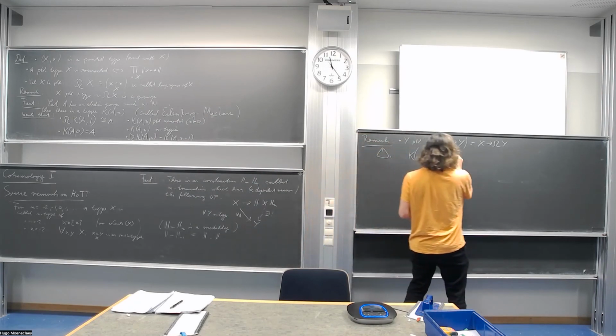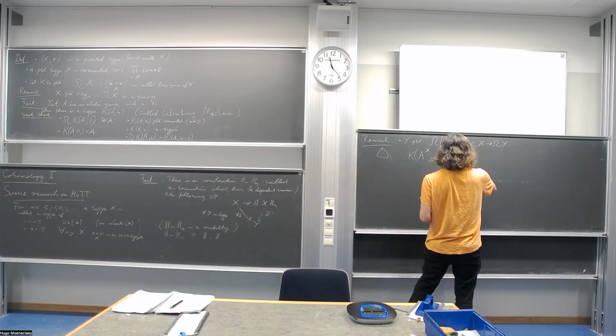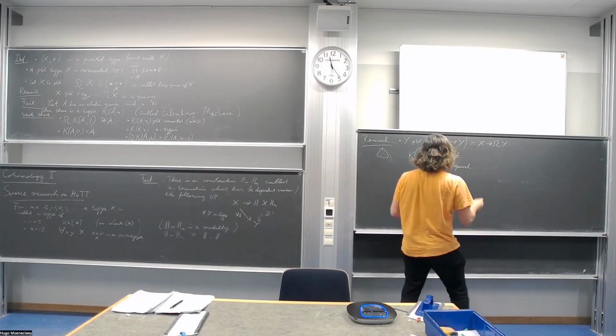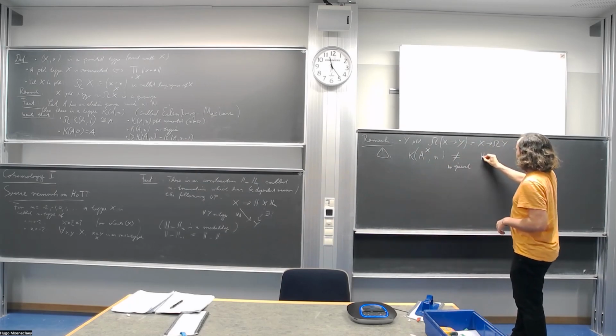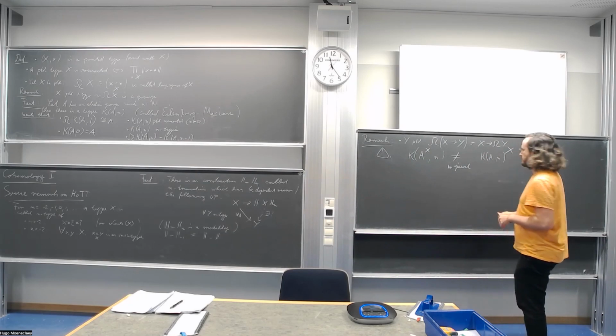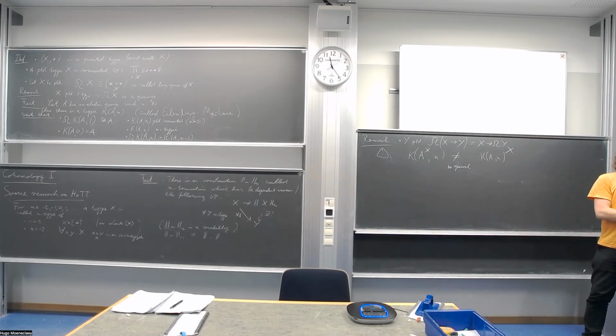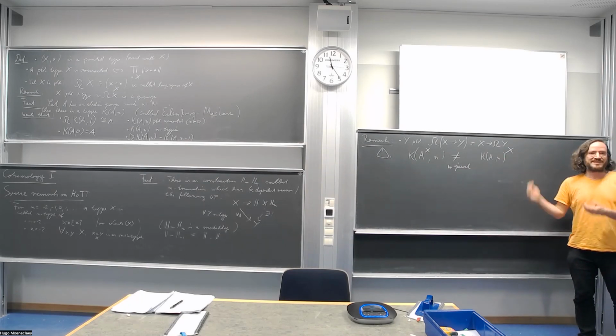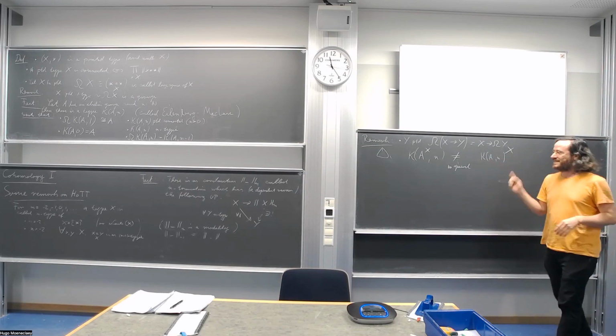And this will, in general, sometimes it is, but in general, this is not the same as doing it the other way around. And it's very interesting to look at the failure, like what the difference is.